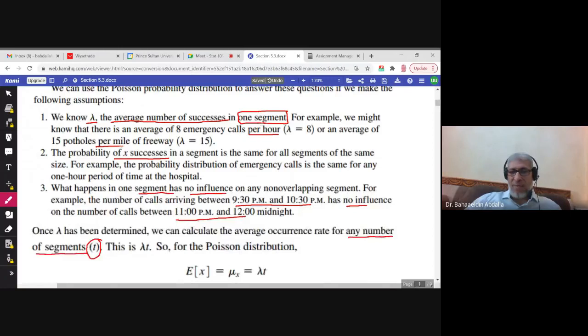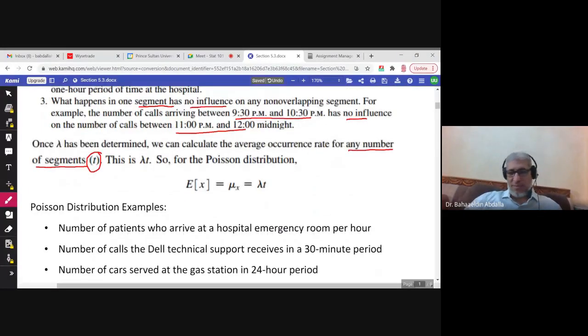Per mile, if you mention 5 miles, then T would be 5. So T is the number of segments. If you multiply lambda times T, the average per segment and the number of segments, you get mu, the mean, or the expected number of the Poisson distribution.